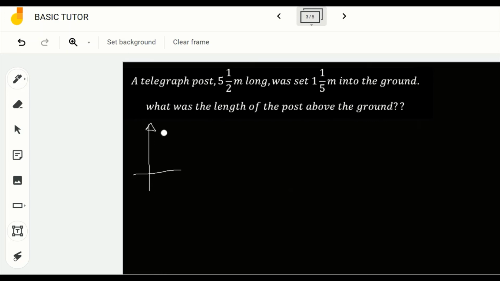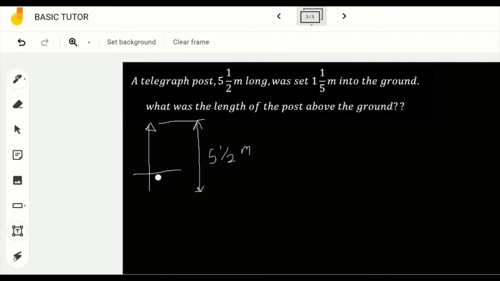So what they are saying here is that the length of this post from the top to this point, which is beneath the ground, is 5 1/2 meters. Now we are told that 1 1/5 meters is into the ground.